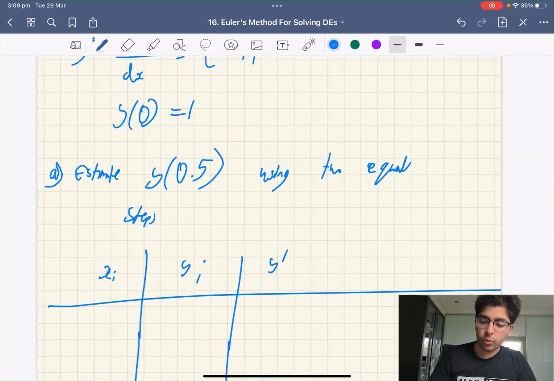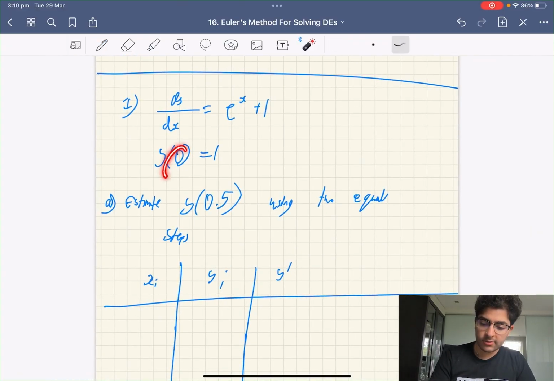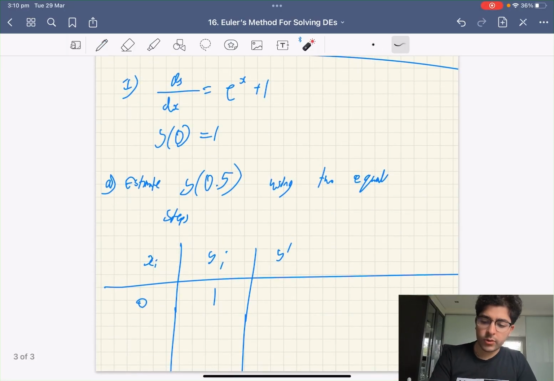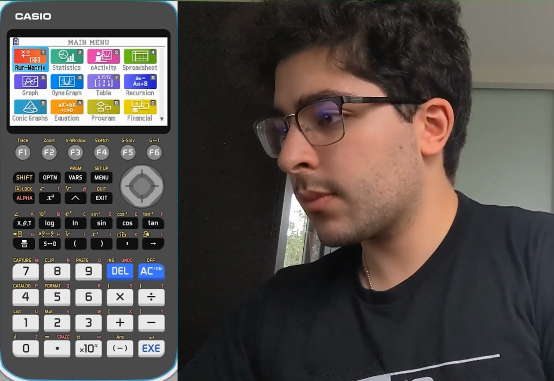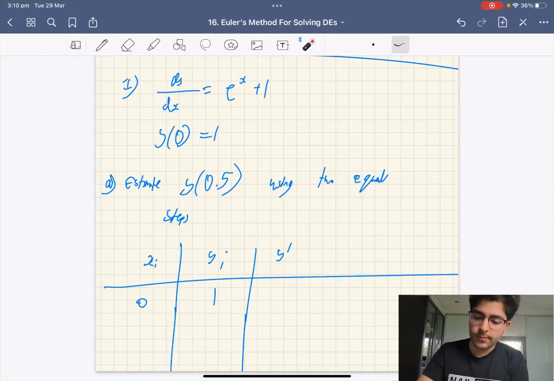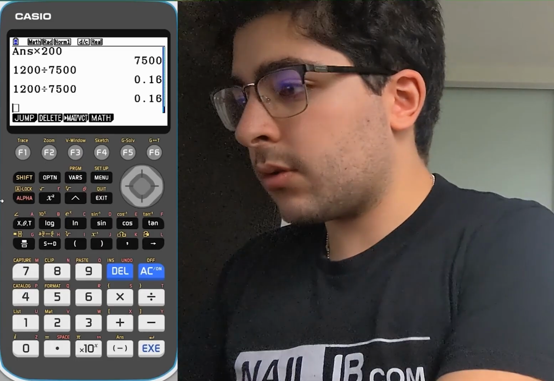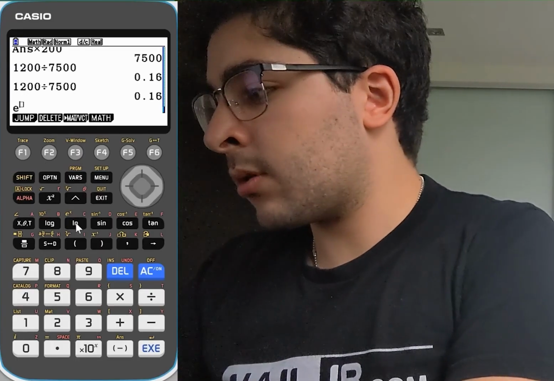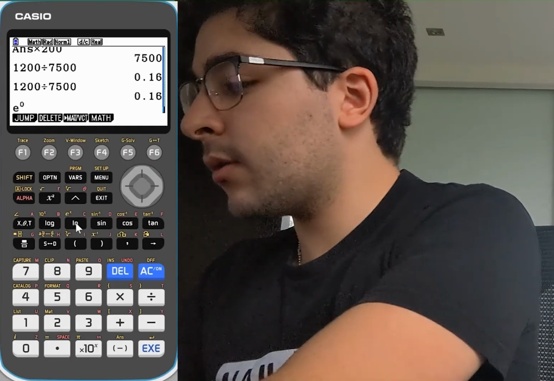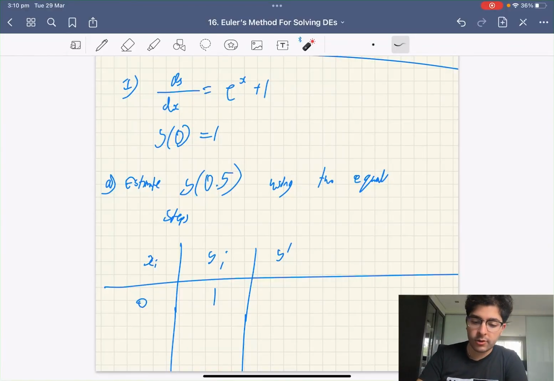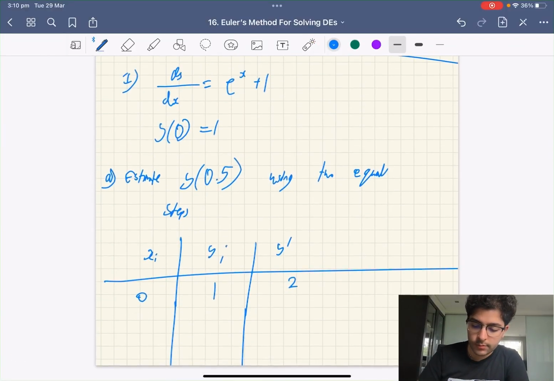So our first coordinate is x is 0, y is 1. And let's find the differential equation at that point. Let's go to our calculator and sub this in: e^0 plus 1, which should be 2. So our differential equation value is 2.